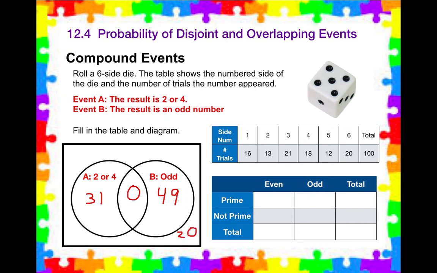So there are 20 that are neither 2, 4, or odd. And if we look at that, 2, 4, oh, it's just the 6. That's the only thing that's left over. So that's our result.